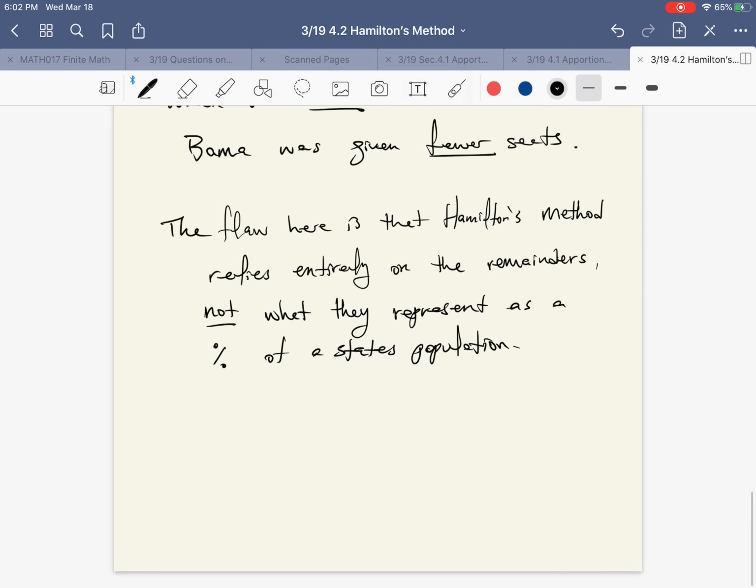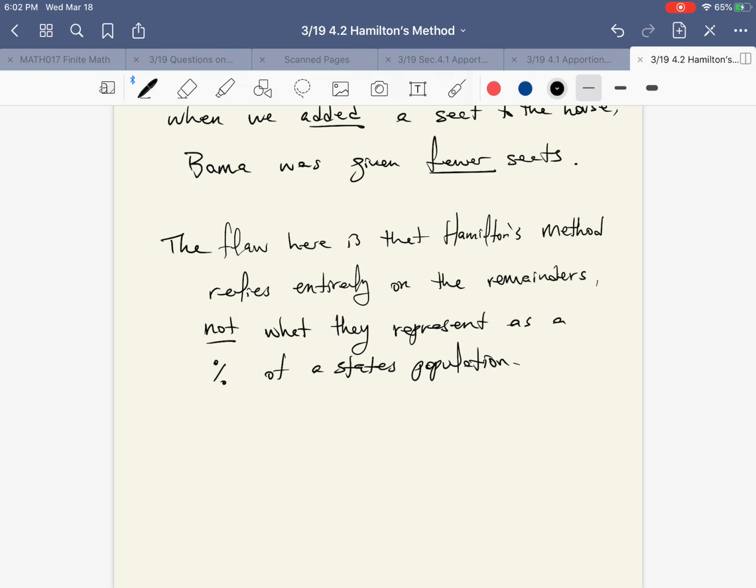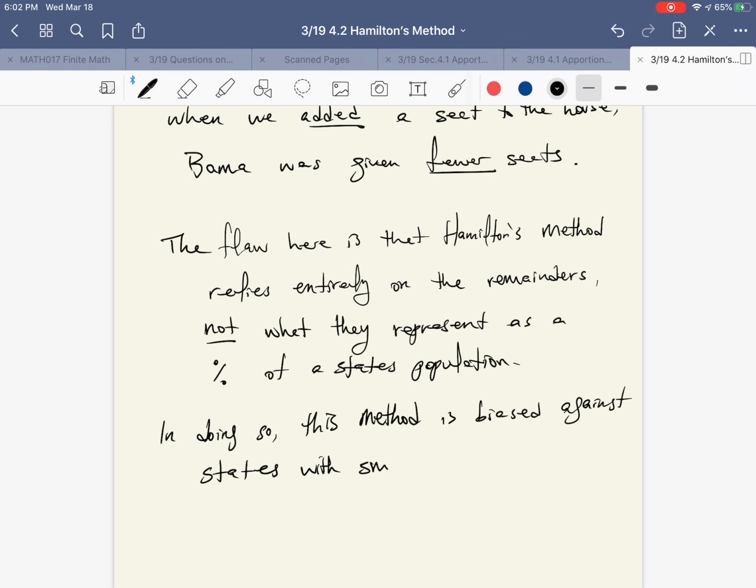In doing so, this method favors states with larger populations. This method is biased against states with smaller populations.